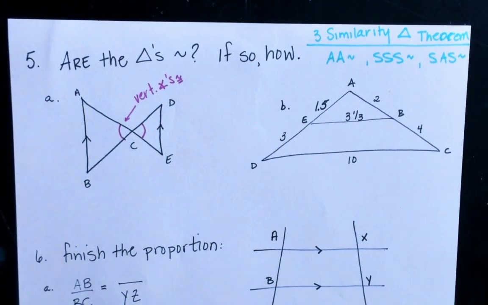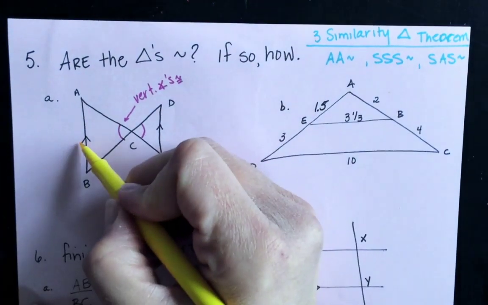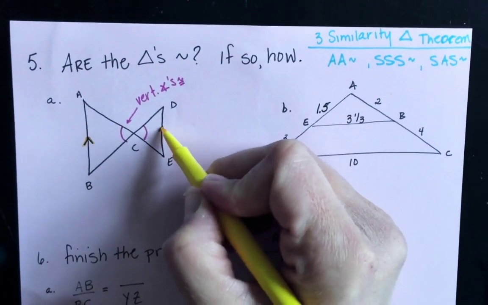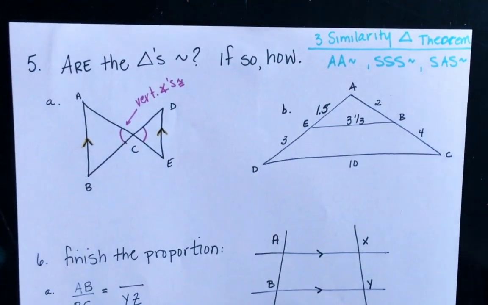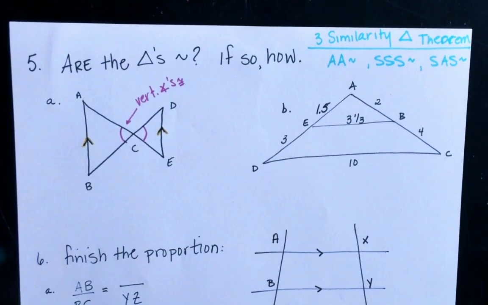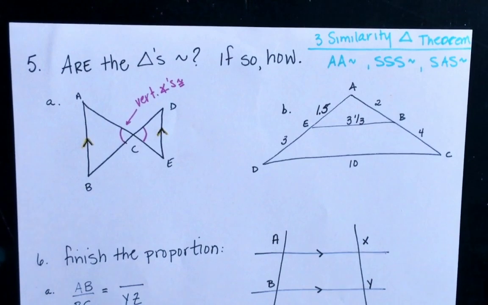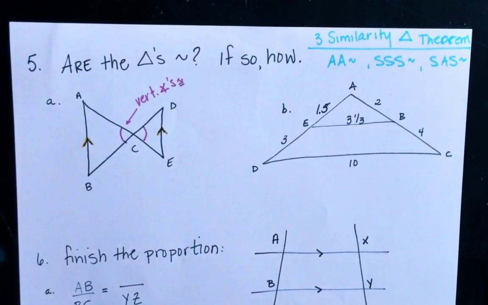Then what I've got to do is pay attention that in part A, we've got these guys. Those parallel tick marks are huge. They are probably going to, without a doubt, end up being a yes because of those parallels. So I do see Morgan did say yes because we have the vertical angles and it's parallel. So when it's parallel, you're absolutely correct.